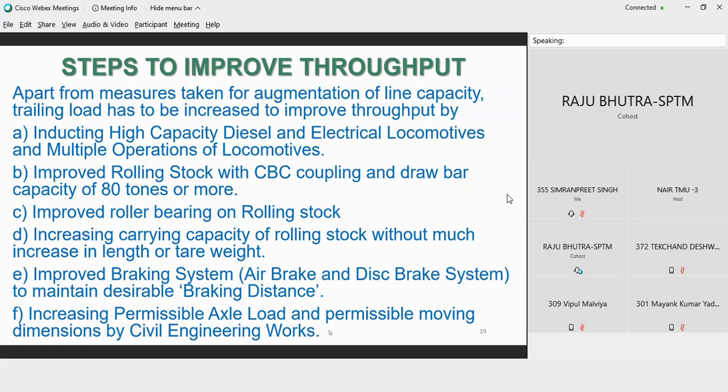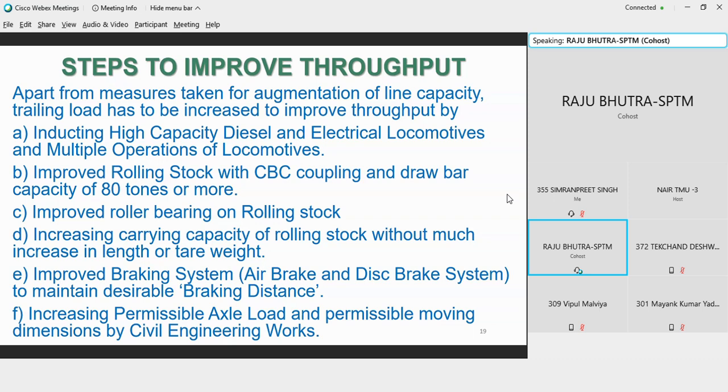Then increasing permissible axle load and permissible moving dimensions by civil engineering. So if we are able to increase the moving dimensions or the axle load, what is the axle load? The load of the wagon which is coming on each axle. So if it is an 8-wheeler wagon and there are 4 axles, then the total load of the wagon divided by 4 will be the axle load of the wagon.